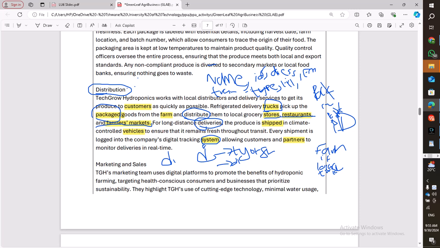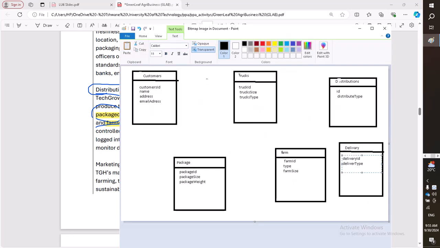So every shipping is logged into the, we say we will have, what is this? The delivery track. We have a delivery track here in the delivery. So we'll have delivery track.